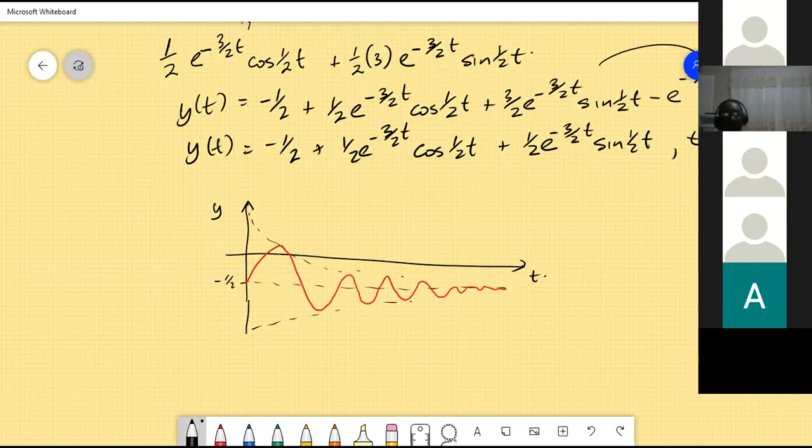Because the cosine and sine are oscillating, and this is my DC value.